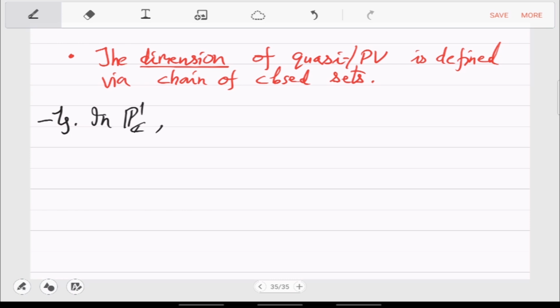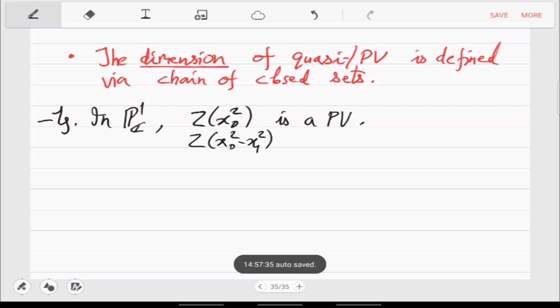Again in the projective line. So Z(x0 squared) that we saw, this is a projective variety. What about the zero set of x0 squared minus x1 squared? Z(x0 squared) is a projective variety because it was a single point, dimension 0 and irreducible.